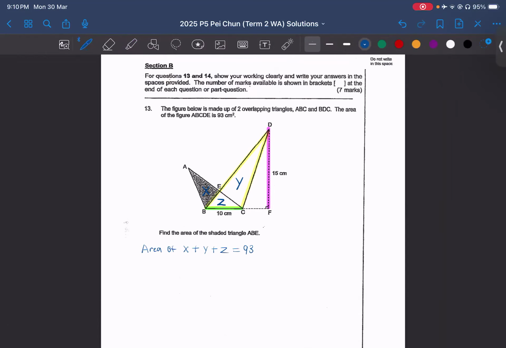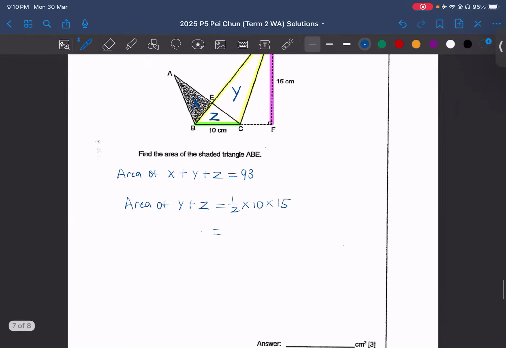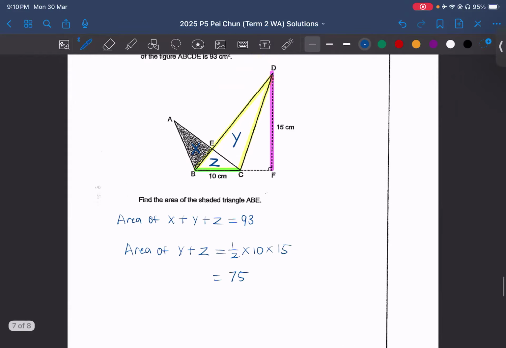So we can find the area of Y plus Z, which would be half times my base of 10 centimeters times my height of 15. So 10 times 15 is 150. Half of 150 is 75. So the area of Y plus Z will give me 75.